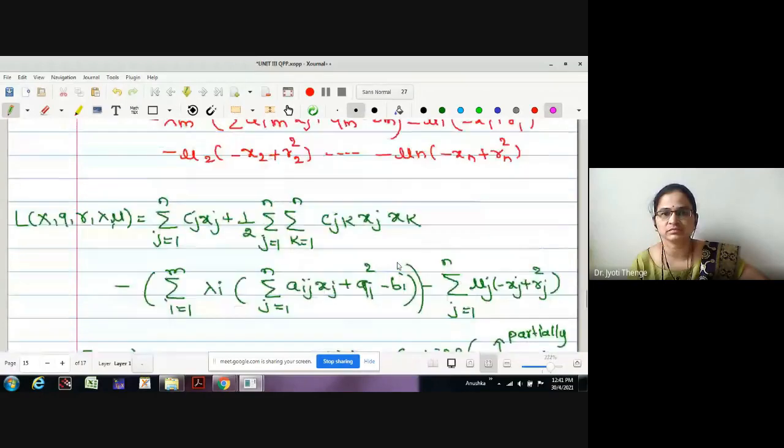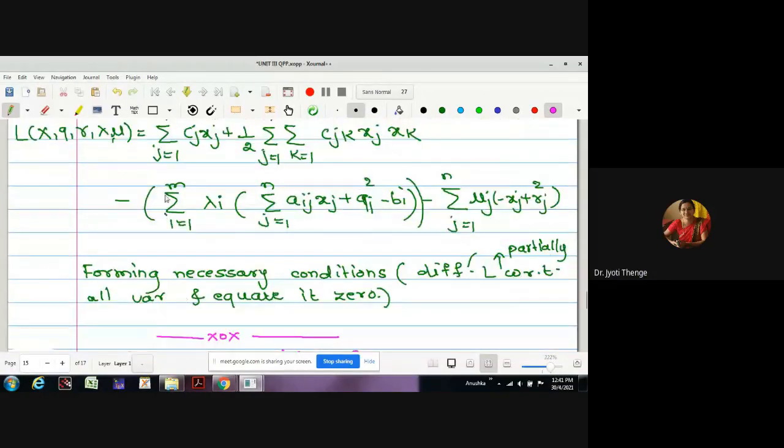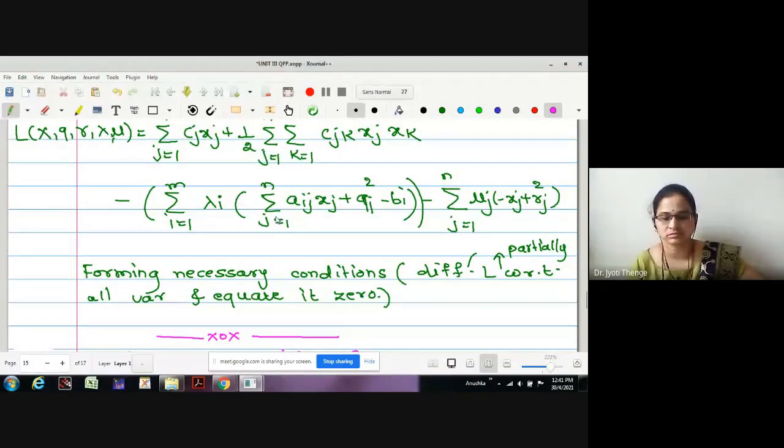Yes, ma'am. What will happen if I differentiate the third term in the Lagrangian function with respect to xj? The summation is going to be as it is. This middle bracket we have to differentiate with respect to xj, no? If I differentiate with respect to xj, this gives me aij plus, what is the differentiation of qi square minus bi with respect to xj?